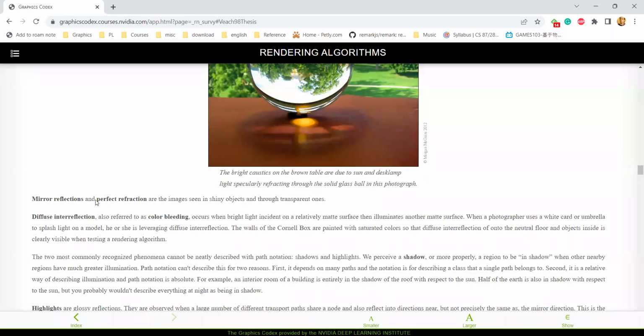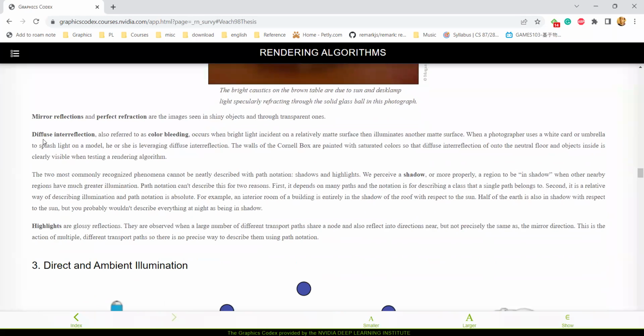Mirror reflections and the perfect reflection of images seen in shiny objects and transparent ones. Diffuse interreflection, also referred to as color bleeding, occurs when bright light incident on a relatively matte surface then illuminates another matte surface.